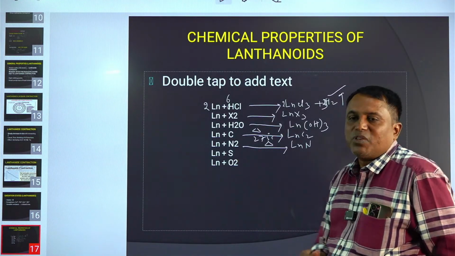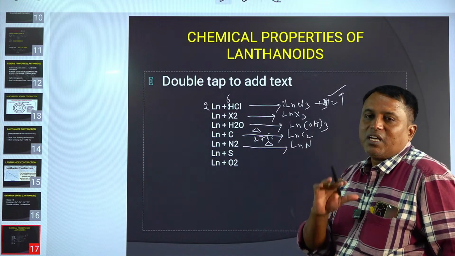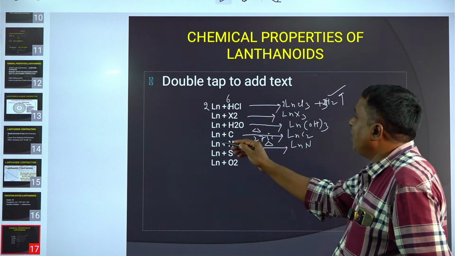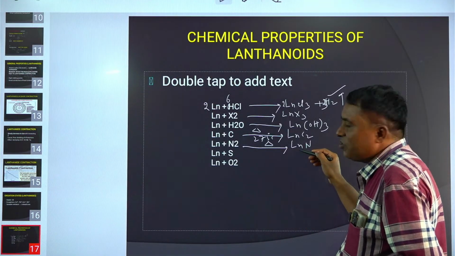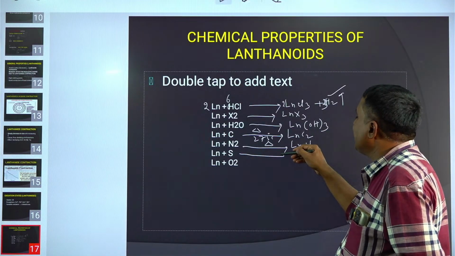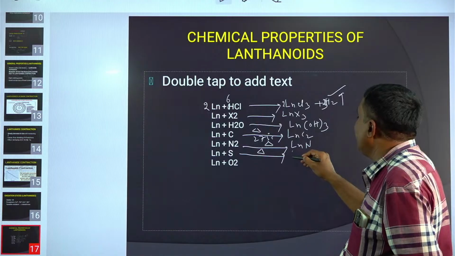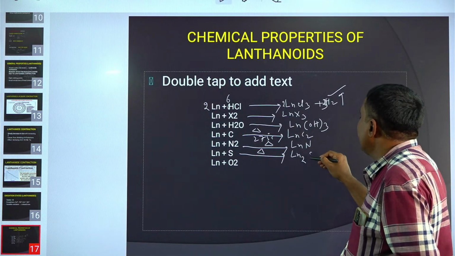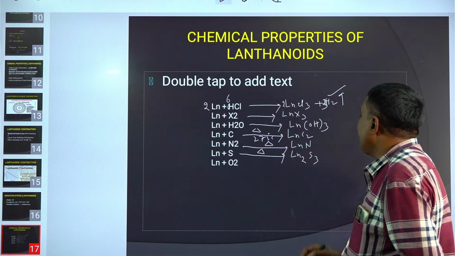So it is similar to aluminium. That's why you consider lanthanum elements as Al plus 3 type. Therefore aluminium when reacts with nitrogen gives AlN. So here also you will get LnN. When reacting with sulfur followed by heating, you will get Ln2S3. How can we write this Ln2S3?